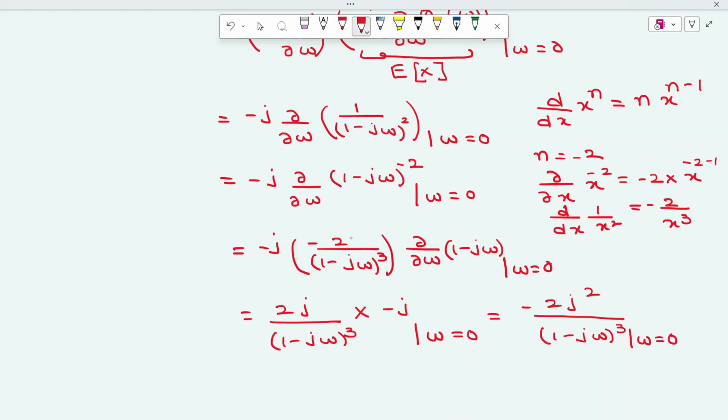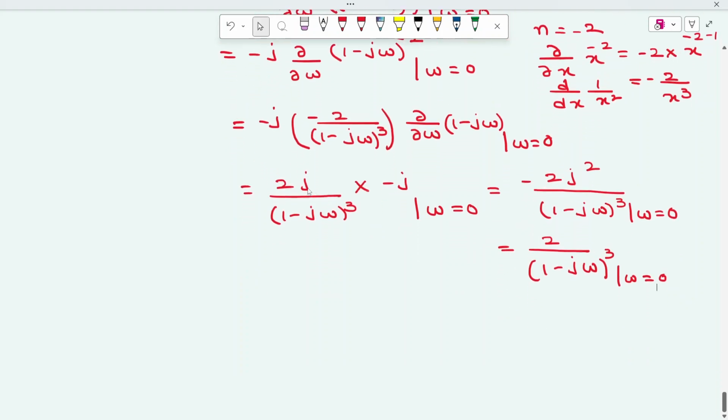j square means minus 1, so minus minus will get cancelled. We get 2 by (1 minus j omega) whole cube. In this we have to substitute omega is equal to 0. So if you substitute omega is equal to 0, we get 2 by (1 minus j into 0) whole cube, so this will be 2.